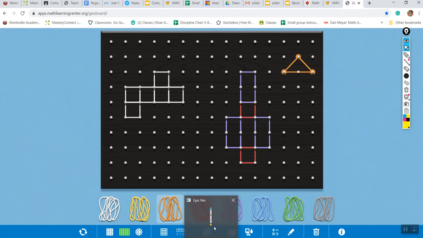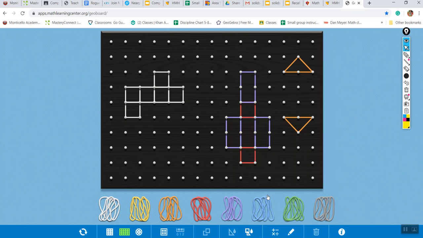Then you click duplicate, and it will give you another triangle, and it allows you to rotate it. In this case, I could move this down to right here, and when you unclick it, it will snap itself to connect to the point, so you don't have to get it exactly where it needs to go.